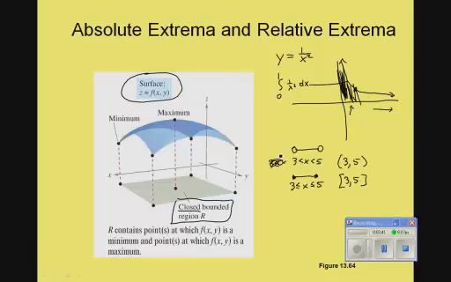Same deal here. If I have a closed region, that means I'm including the boundary. Too bad I can't draw it. But I'm including those points right on the boundary. Right.